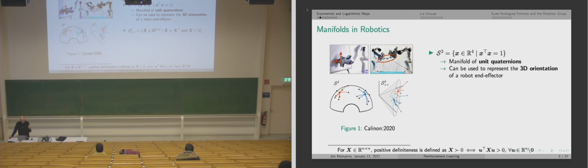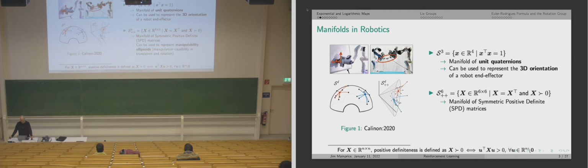And then this other group, which is depicted on the right side here, is the set of square matrices. Here I took the example of dimension 6. This is a manifold as well, of symmetric positive definite matrices.